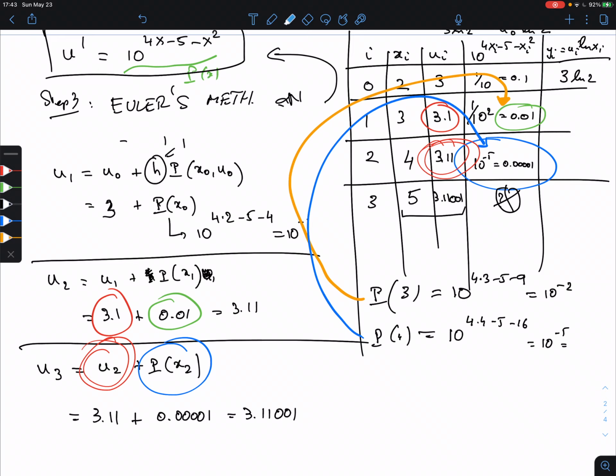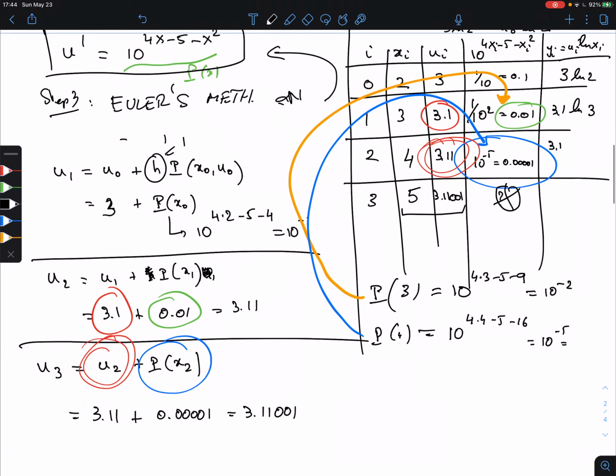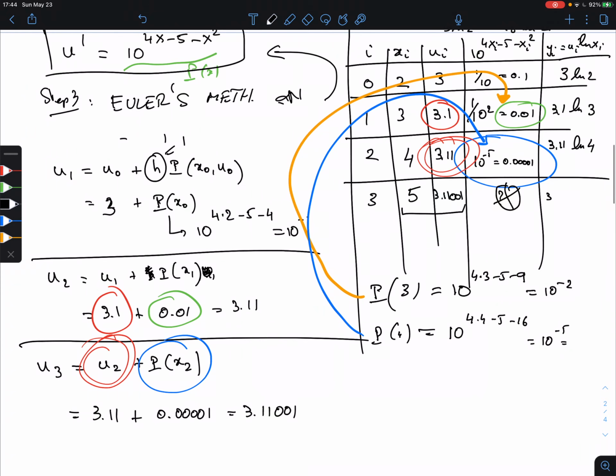So this would be 3.1 ln 3. The next one would be 3.11 ln of 4, and this one is 3.11001 ln of 5. Okay. And so you see that this, although we did, okay, this is the end of the story.